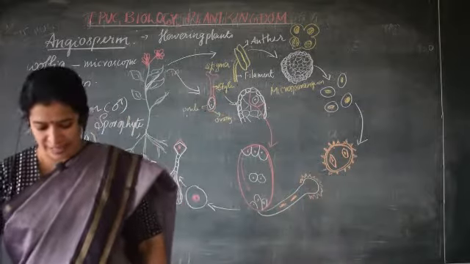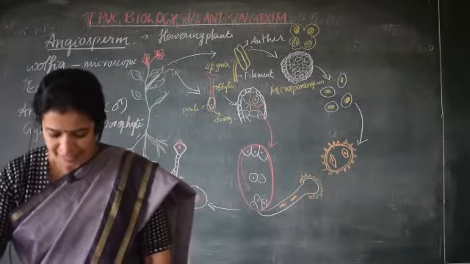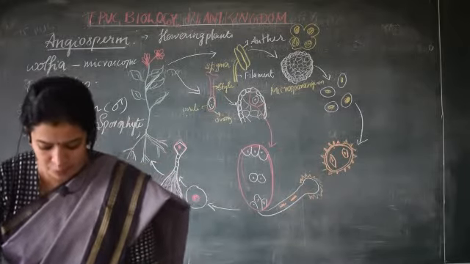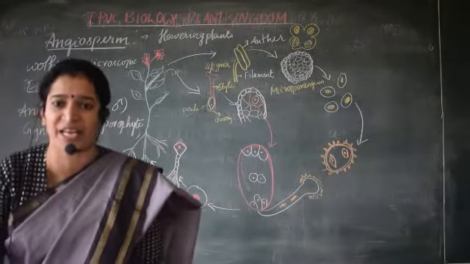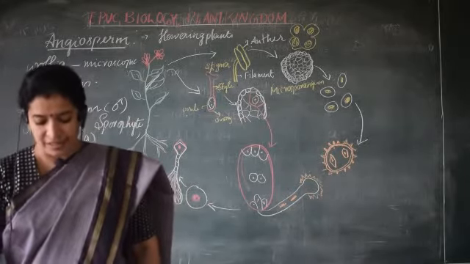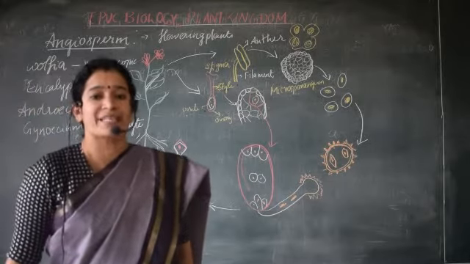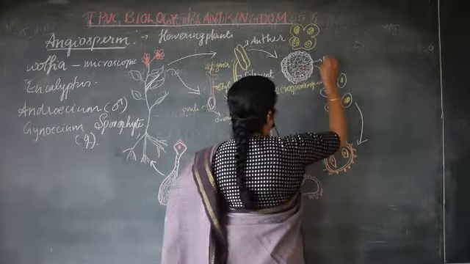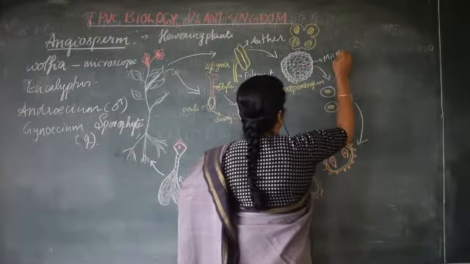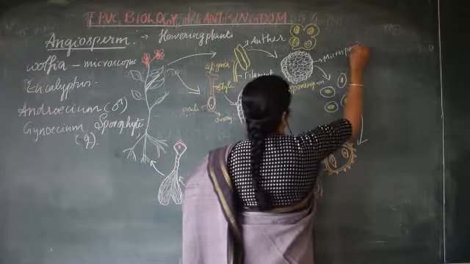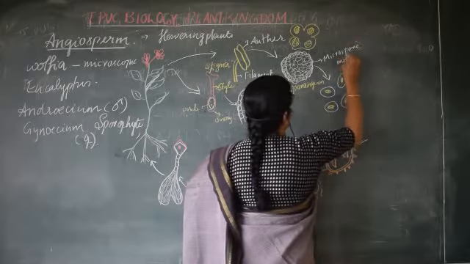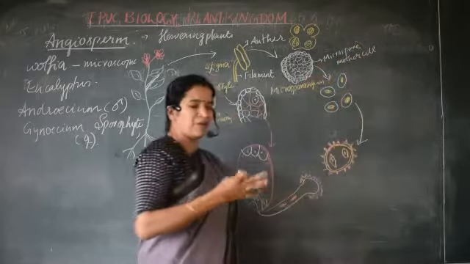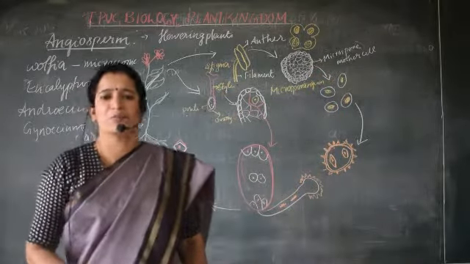What is the condition of this microsporangium? They are diploid in condition, so they undergo meiosis. The microsporangia inside this anther contain microspore mother cells. That means a cell which is different from others, which undergoes meiotic division.